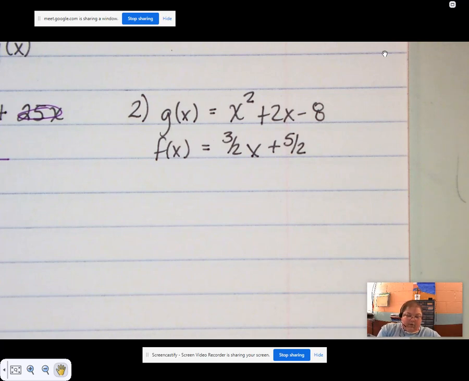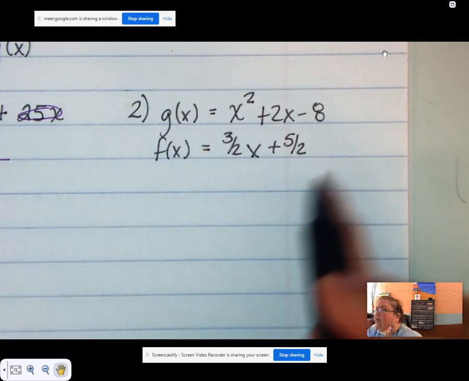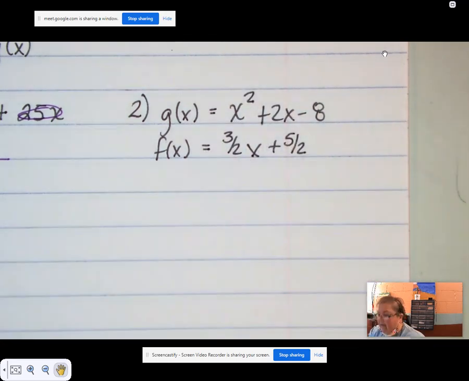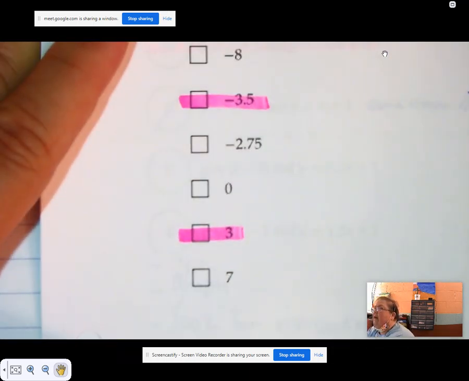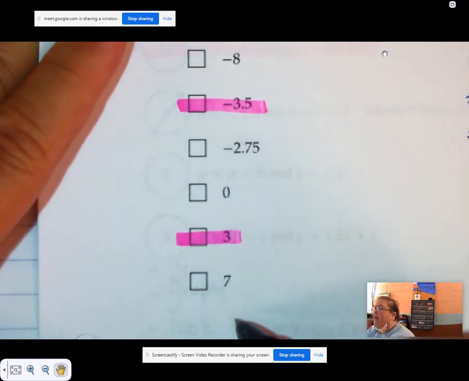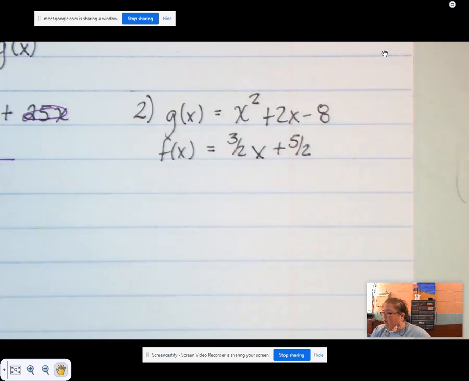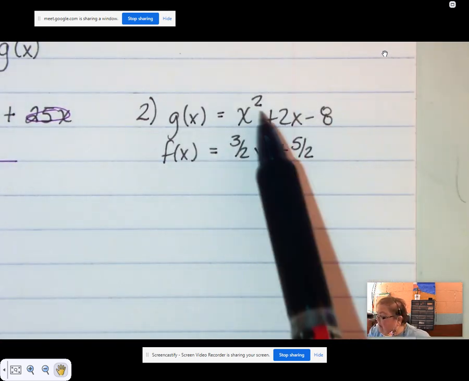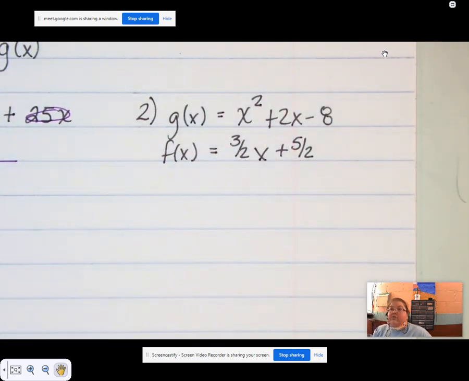But one way to do that, if you don't want to type it in, is you have answer choices. So you can take these answer choices and substitute them in for x and see which value makes these two the same. That's another way to do that.